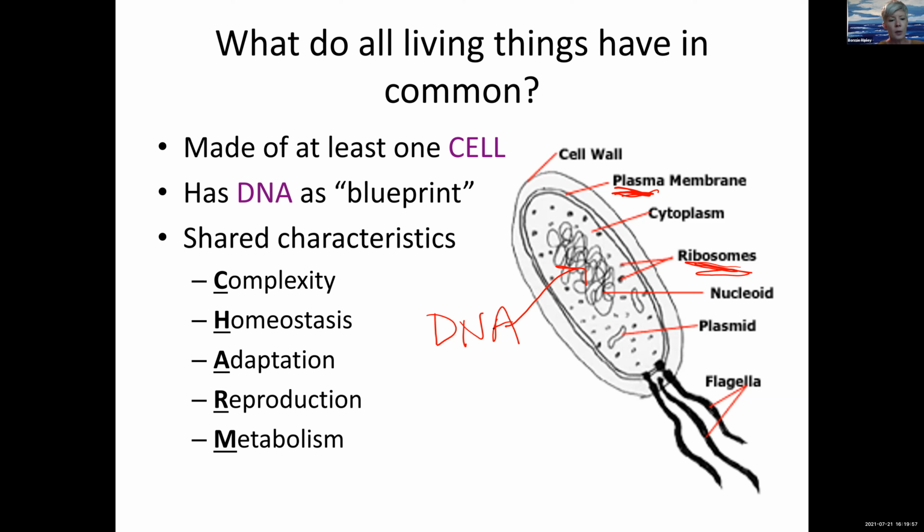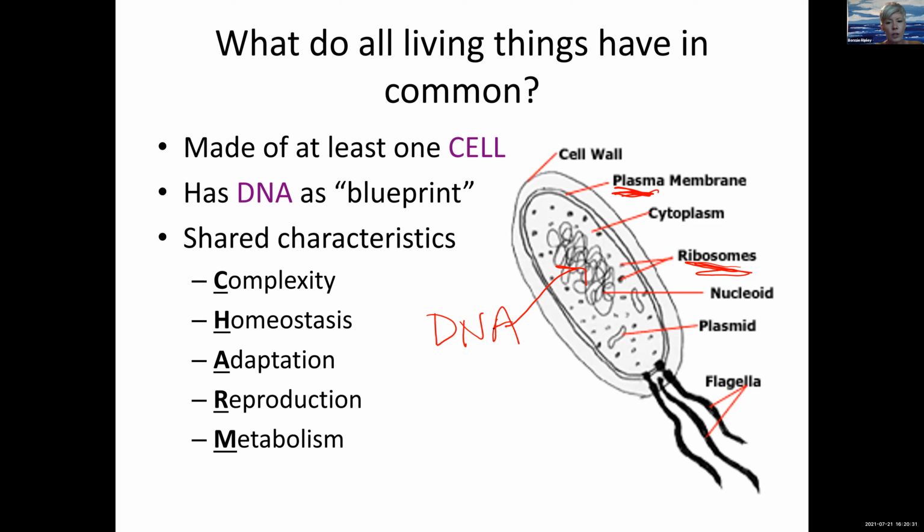When we start talking about evolution, we'll see that it is the DNA molecule that's going to change in some way from one generation to the next, or the proportion of individuals in the population that have some characteristic is going to change from one generation to the next. So having DNA is kind of a way that we can make sure that our organism is a true living thing. It's going to have that capacity for adaptation.